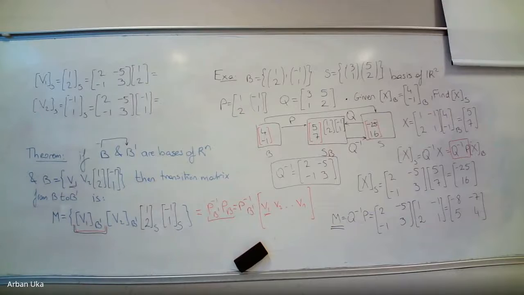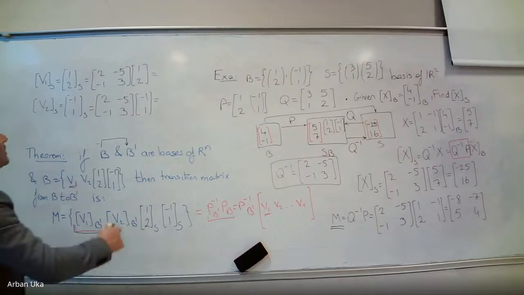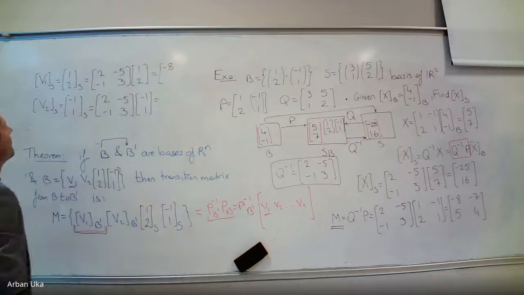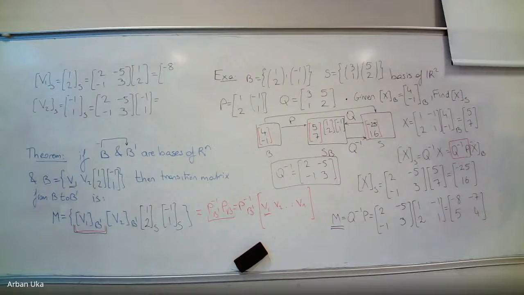So what should we get here? Most probably, we should get the columns of M. But if we check it, we get 2 minus 10 minus 8, that is correct. And then we have minus 1 plus 6 is equal to 5.